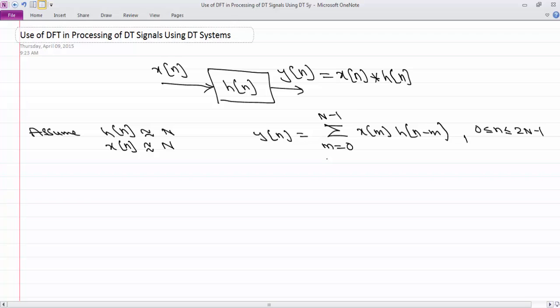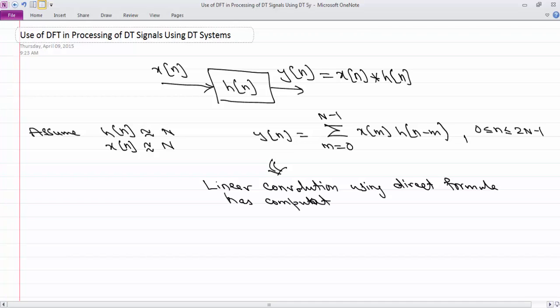Now, if you do the computations, and I'm going to ignore exact constants and the fact that some of these values are 0, the total cost of linear convolution using the direct formula has computational complexity of order N squared, meaning some constant times N squared.